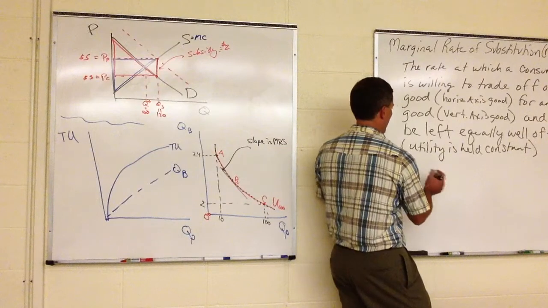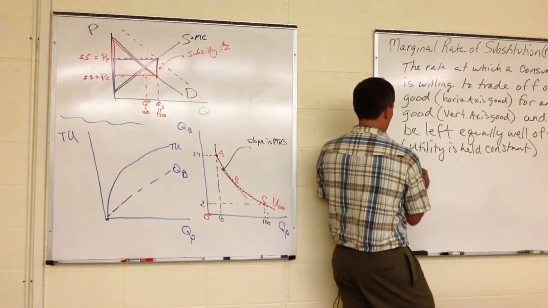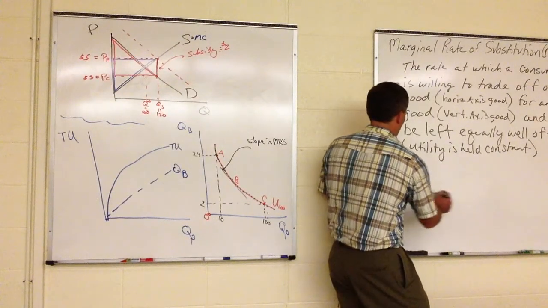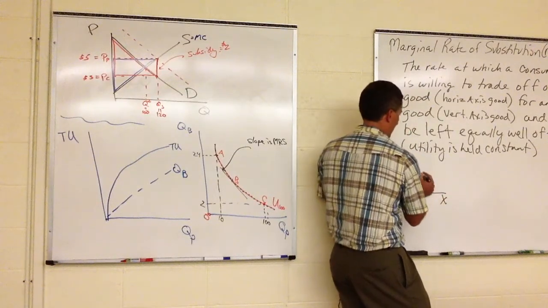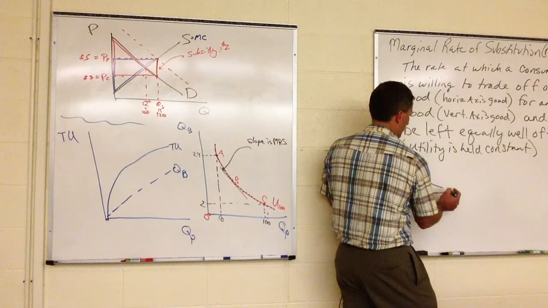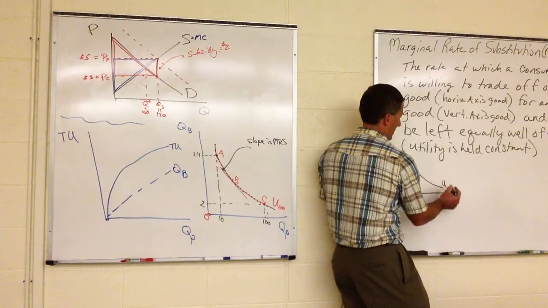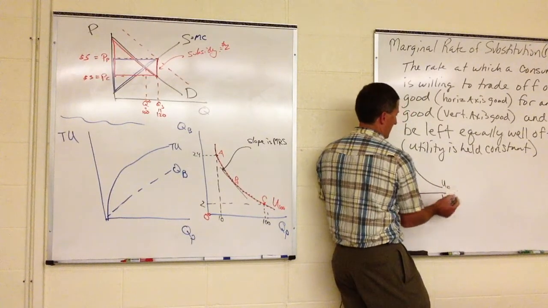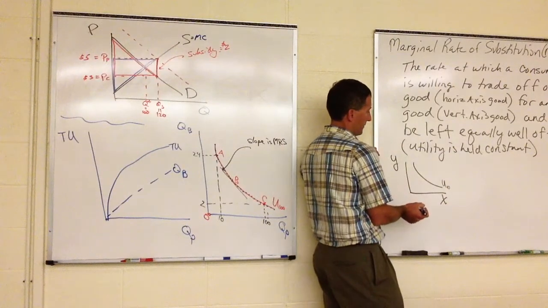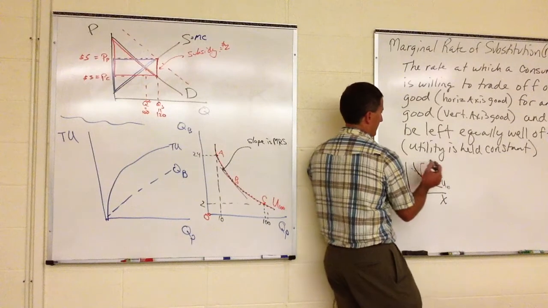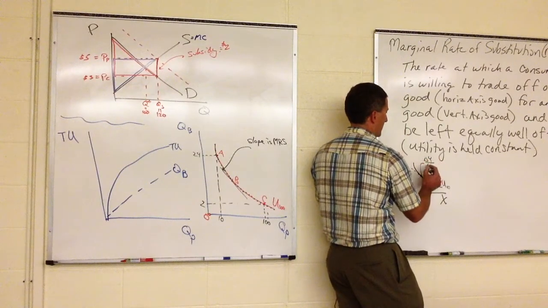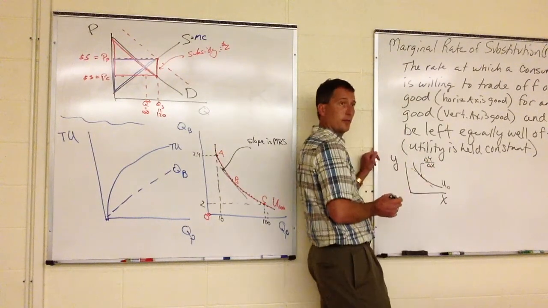So, if we were looking at a picture of yo-yos and x-rays, and we had an indifference curve of utility level equal to 10, the slope of this line is the change in y over the change in x.